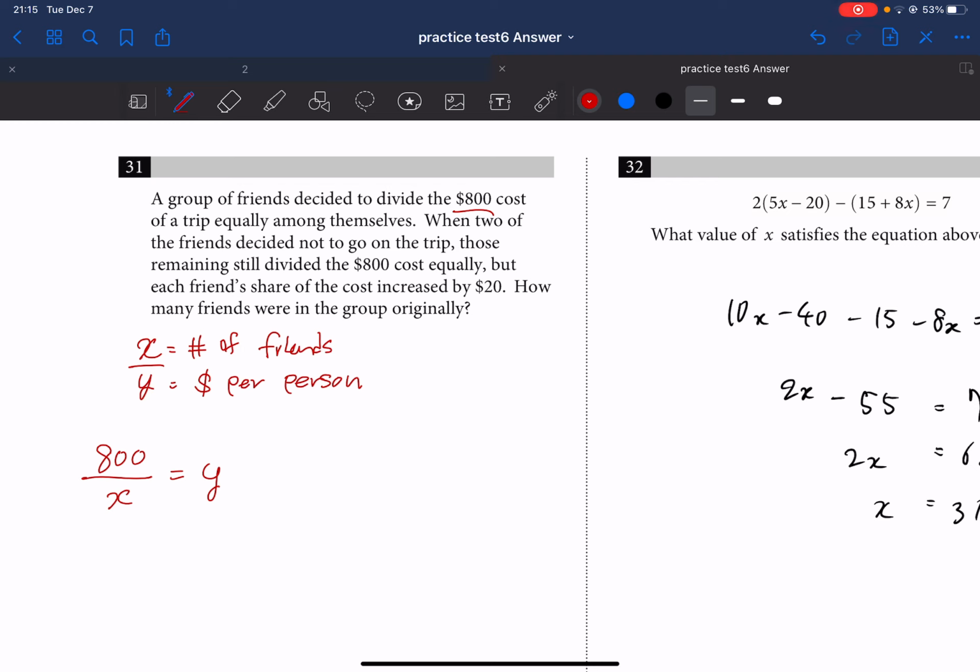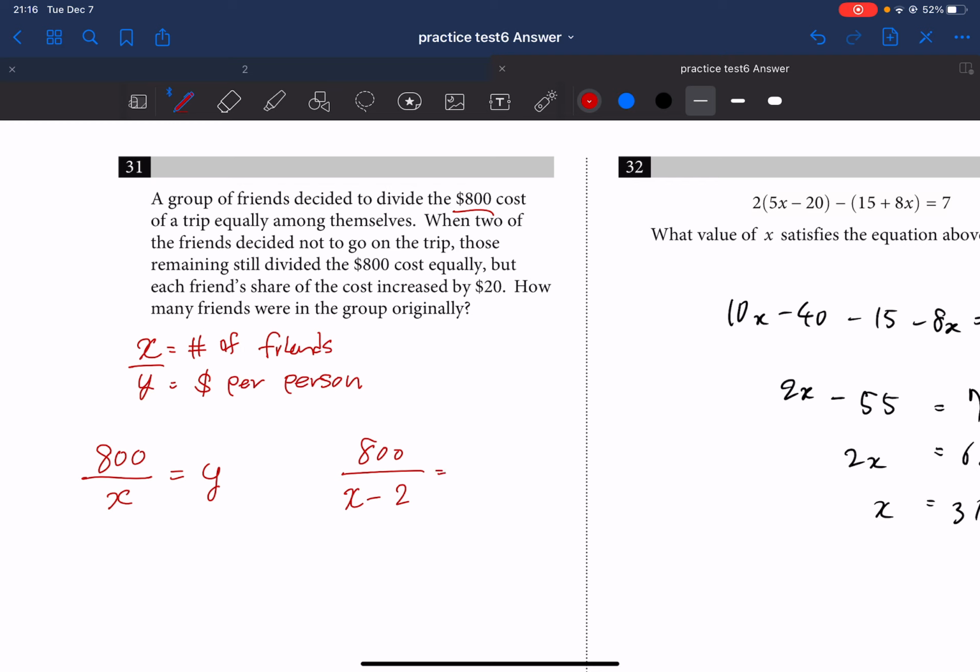When two of the friends decided not to go on the trip, so if we have the amount of money, the cost, right? And then two of the friends decided not to go, so we can subtract 2 from the number of friends, right?